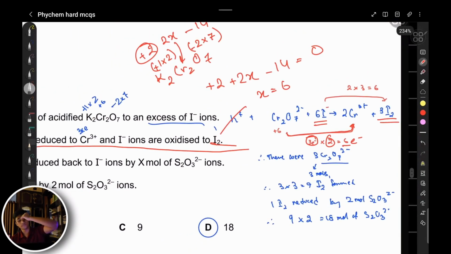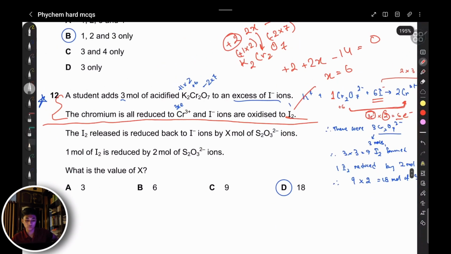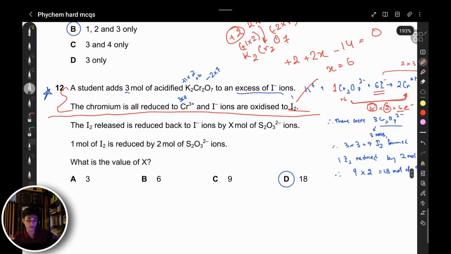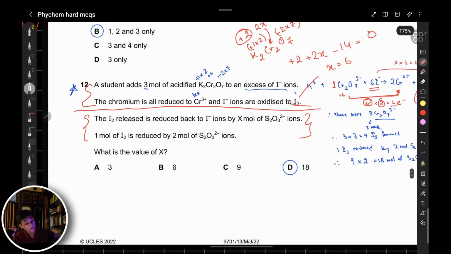So now you know that if only 1 mole of chromate ion reacts, you get how many iodine molecules? 3 iodine molecules. Now, if you look at the next part of the question, read the next part of the question.